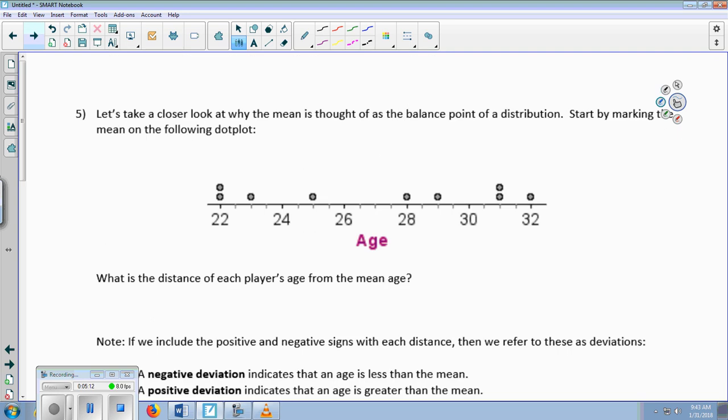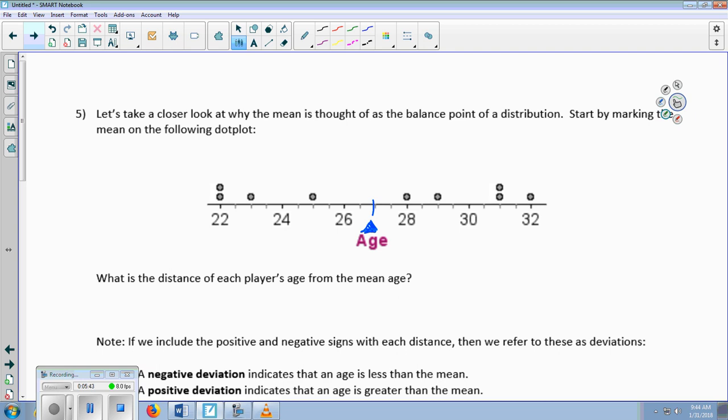Let's take a closer look at why the mean is thought of as the balancing point of the distribution. We are going to mark the mean on this graph here. Our mean was 27, so I'll put it right here. Here's our mean. We want to find the distance of each player's age from the mean age. We could start by looking at the ones that are above the mean.